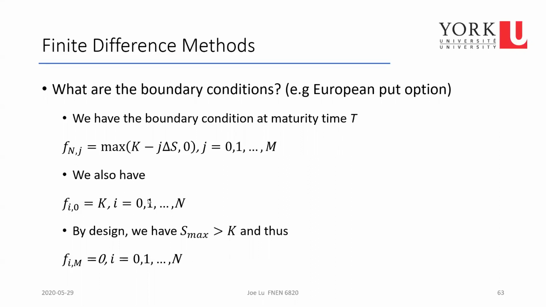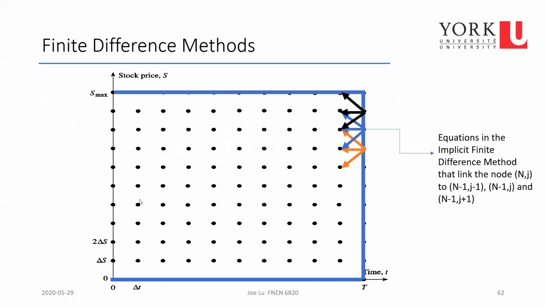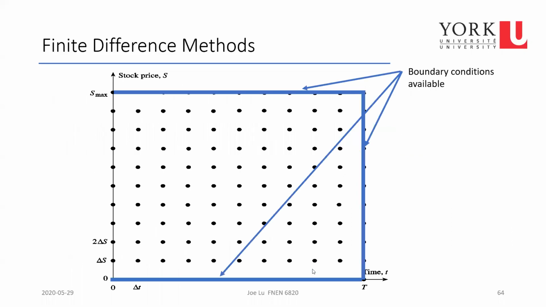So this is not strictly true for European. It's true for American. And for European, you will have, this is K, this is K discounted for 1 period, this is K discounted for 2 periods, and so on.